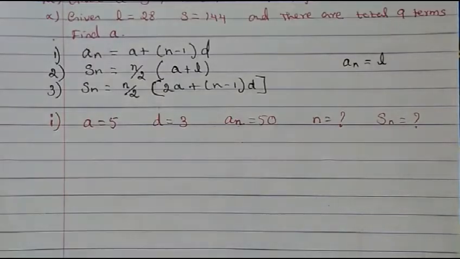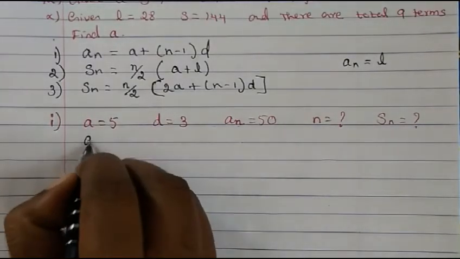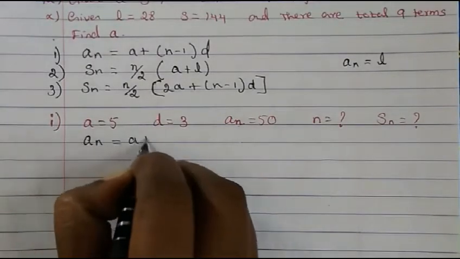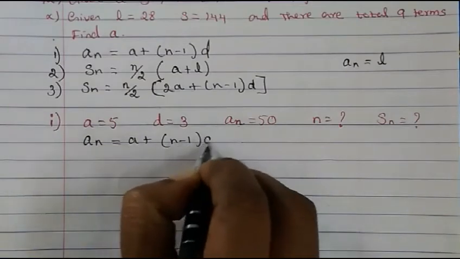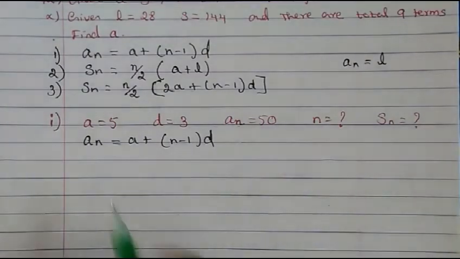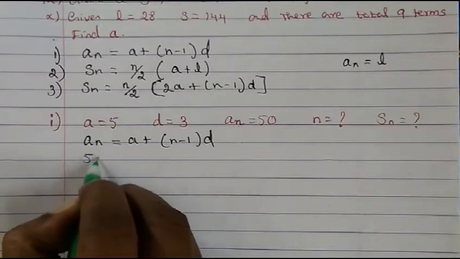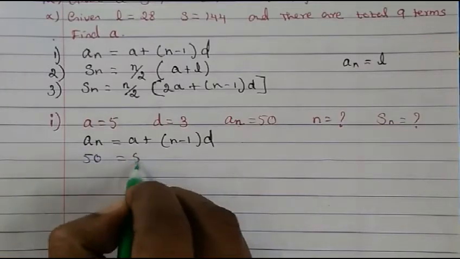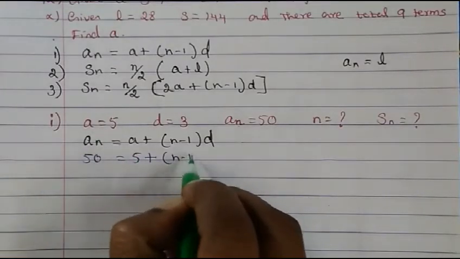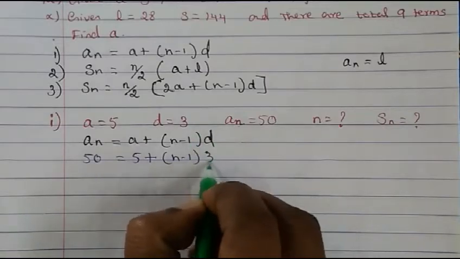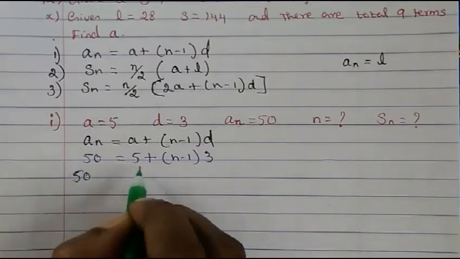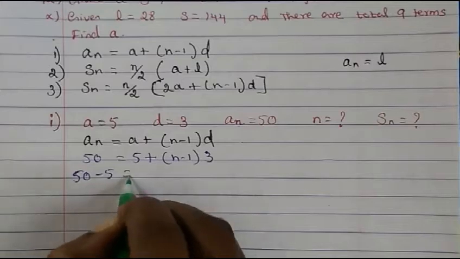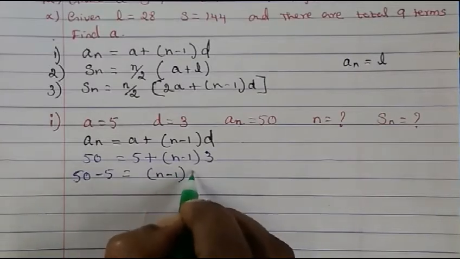AN equal to A plus N minus 1 D. AN is 50, A is 5 plus N minus 1, D is 3. So 50, this 5 comes here with a minus, equals N minus 1 times 3.